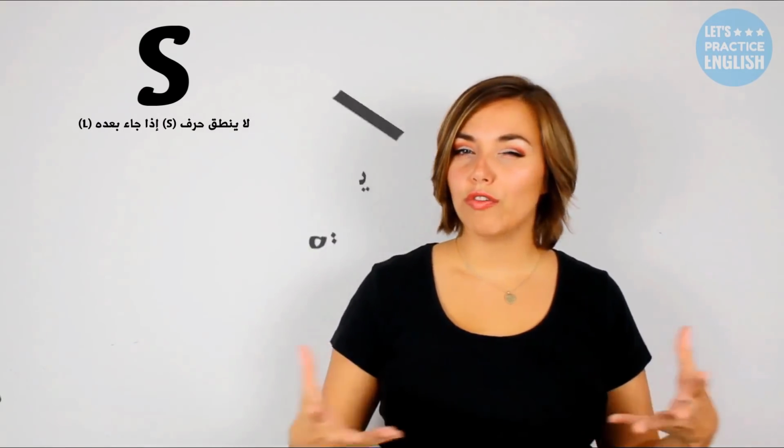Time for letter S. In some words, the letter S is not pronounced if it comes before the letter L. A very, very famous example would be island and not Iceland. That's a country. Island. Or inside the plane, between the seats, we have the aisle.